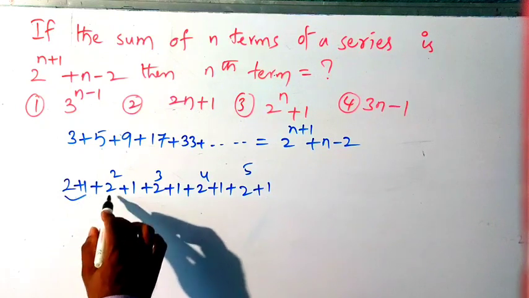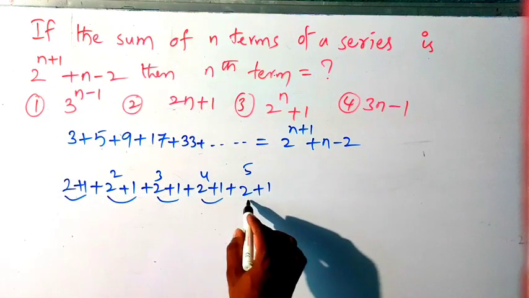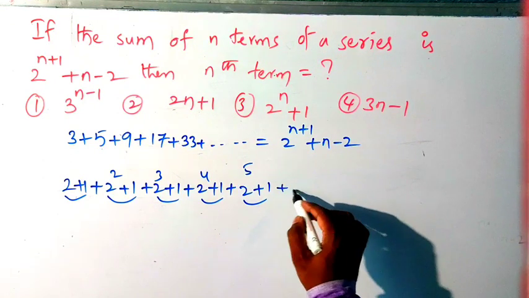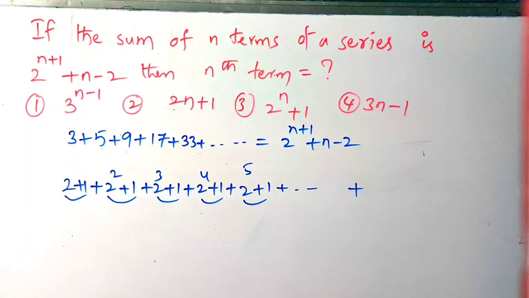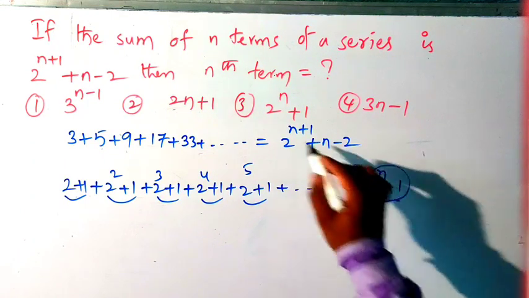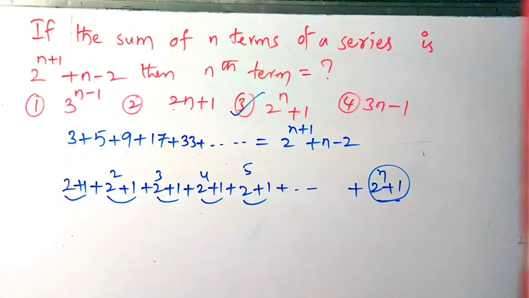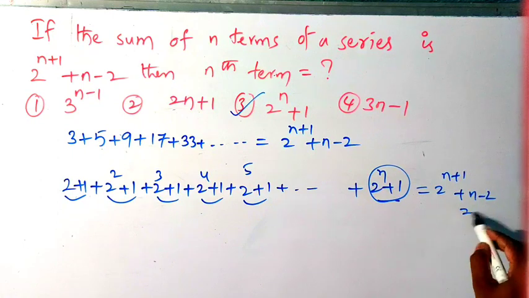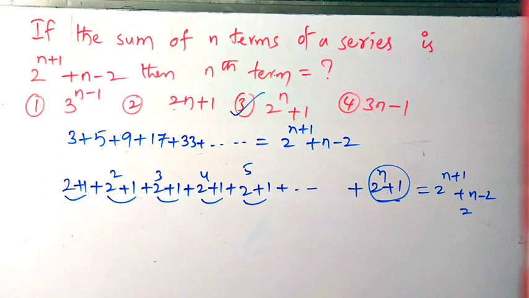Observe this: first term, second term, third term, fourth term, fifth term. Now you can simply write the nth term: 2 power of n plus 1. So the third option is the right answer. This is the nth term of the given series.